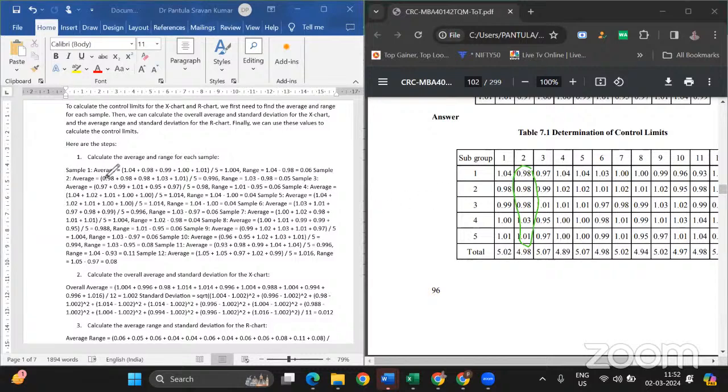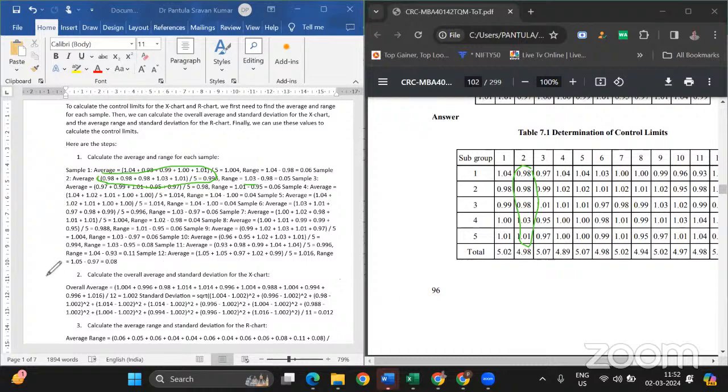So here the average of the second will give some range. Right, the range is equal to, we'll get 1.03 minus 0.98. We'll club together. Sample is 0.05. That is sample 3. Like that, sample 3. Similarly, up to sample 5, we are going to calculate the range.